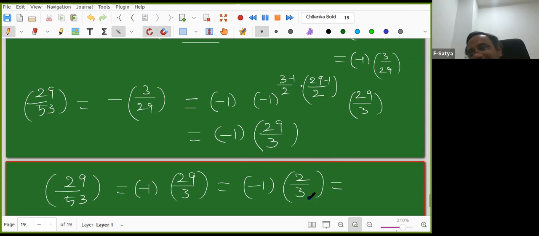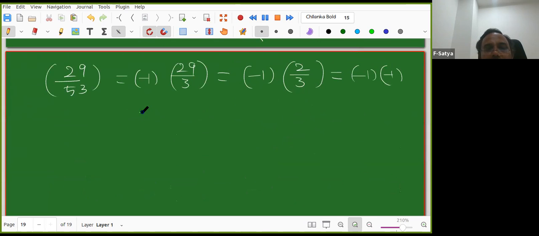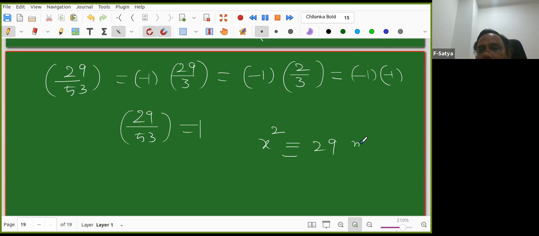Again here I'm using the 2 by p rule: p of the form 8k plus 3 gives -1. So it is -1 into -1, which means 29 by 53 is actually 1. That means x square is congruent to 29 mod 53 has a solution.